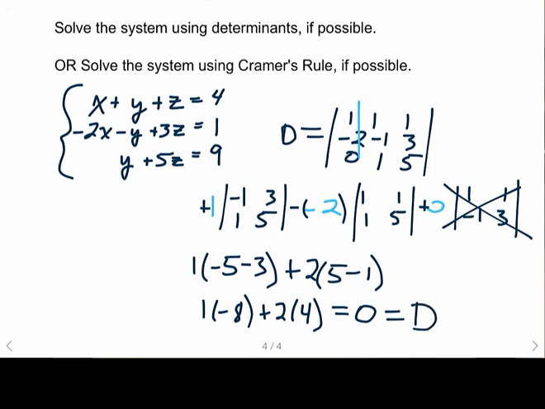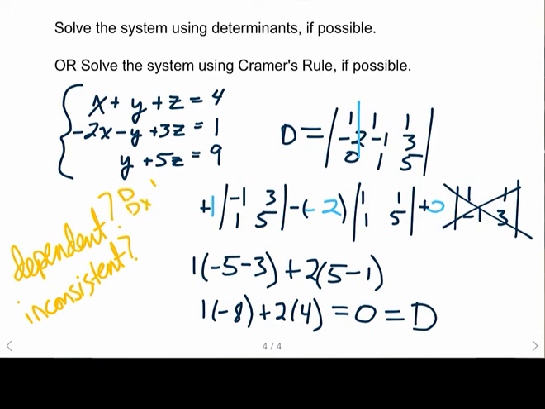What this means is Cramer's rule isn't going to work. What it further means is our system is either dependent or inconsistent. The way we would figure it out is it's going to be dependent if D, Dx, Dy, and Dz all equal 0.